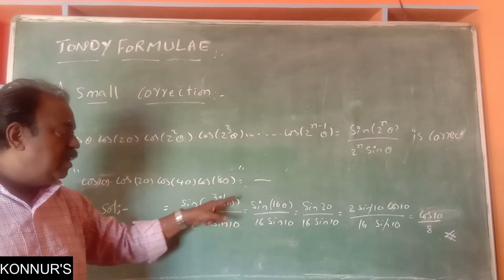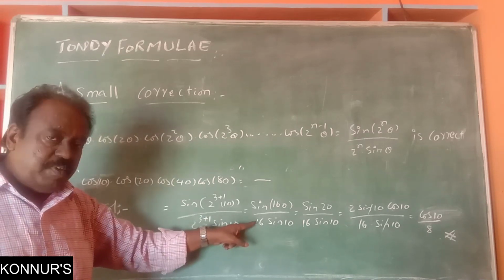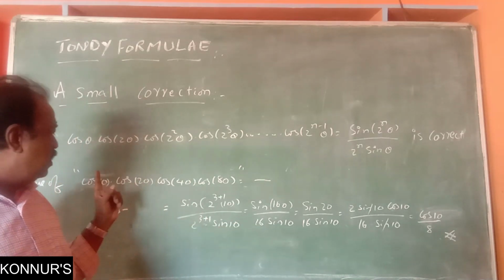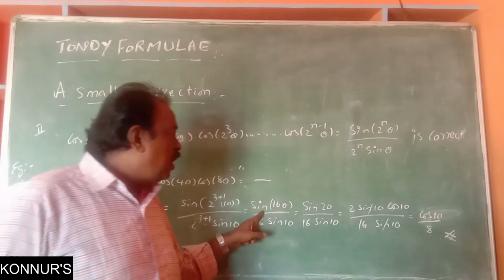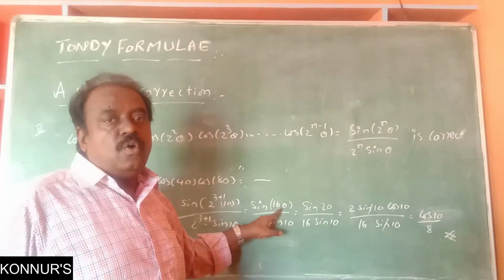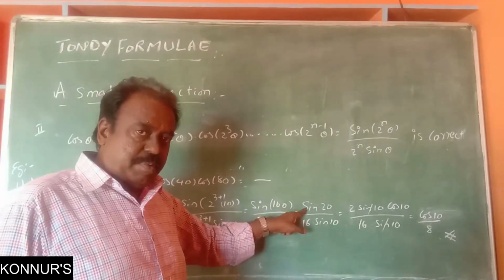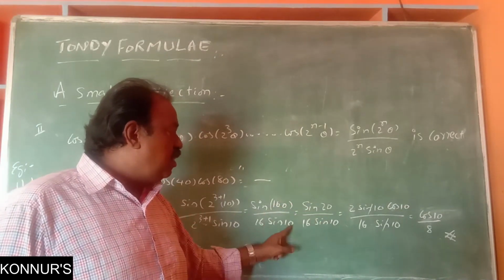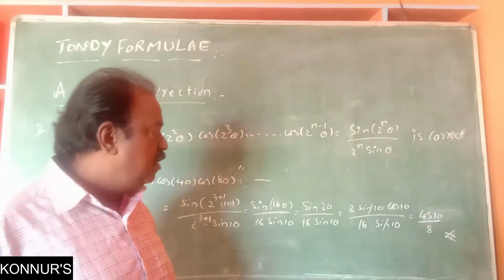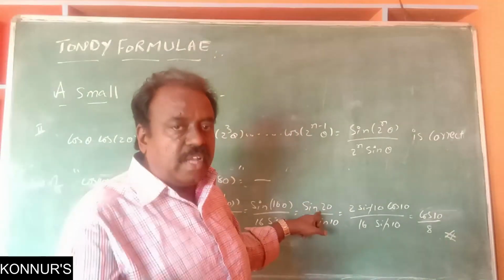16 into 10, 160 degrees, by 2 power 4, that means 16, sin theta, that is only 10. So sin 160, 180 minus 20, is in the second quadrant, where sin is positive. So it is sin 20 by 16 sin 10. Now sin 20 means sin 2 into 10.